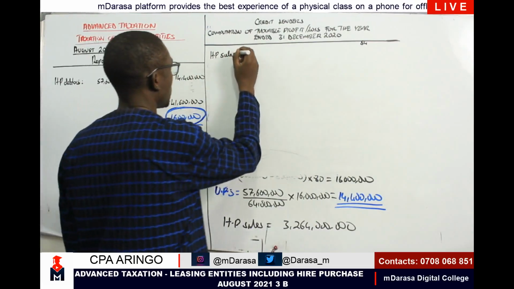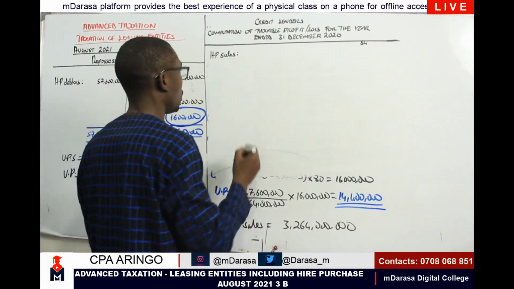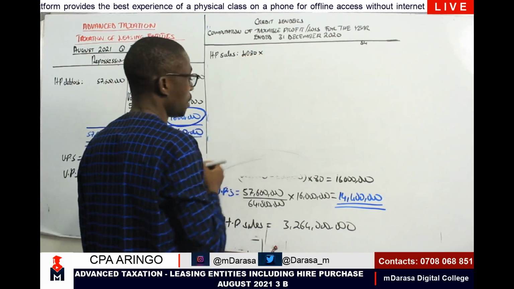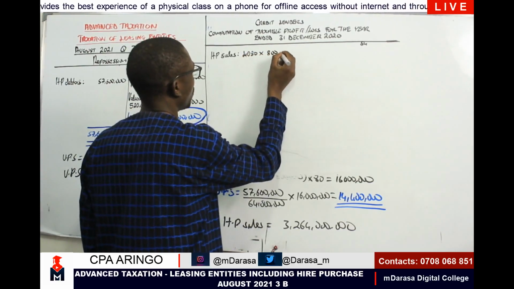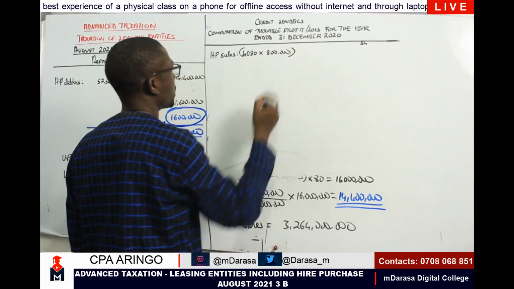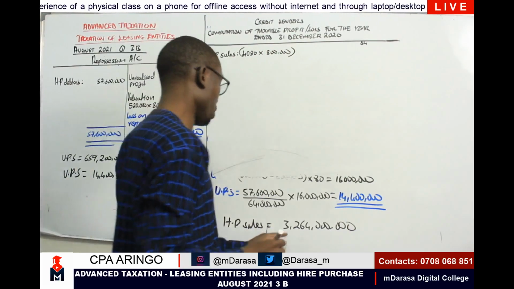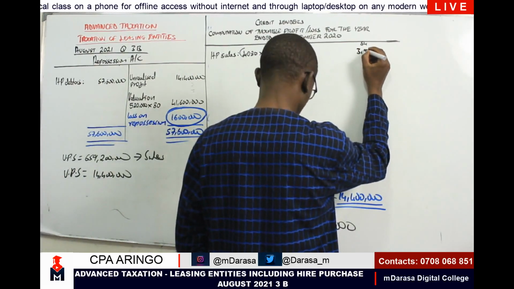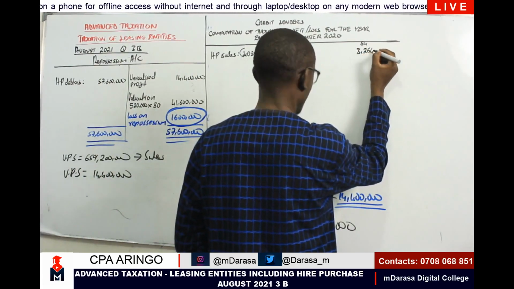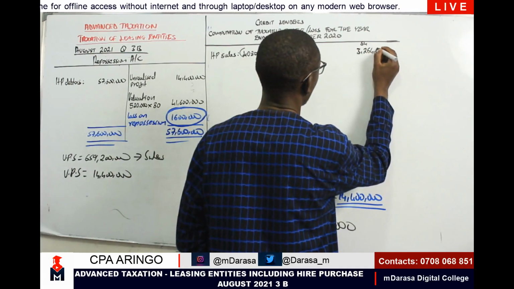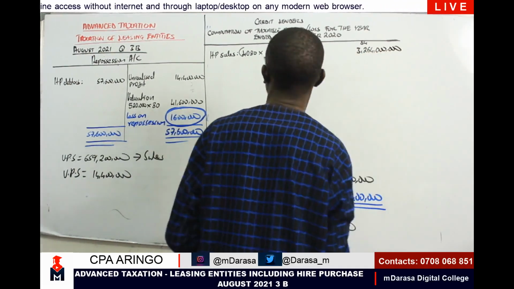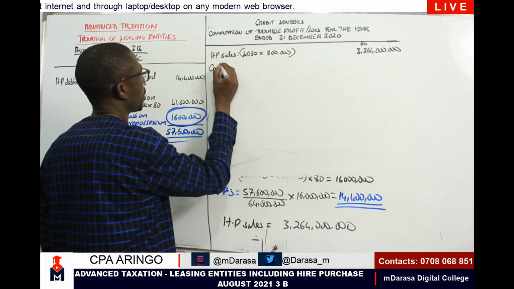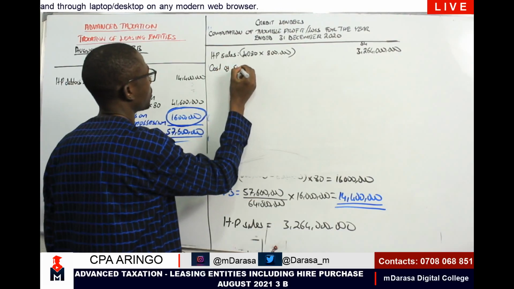Hire purchase sales, recall, we had a figure of 4,080 by 800,000. We had determined a figure of 3,264,000, or rather 3,264 million. Then our cost of sales.